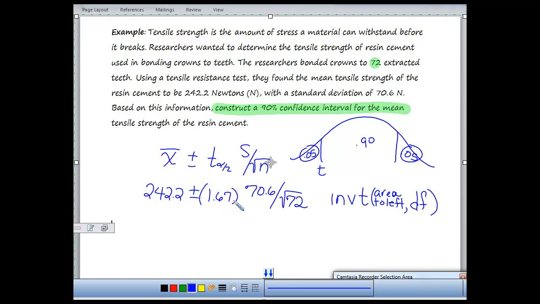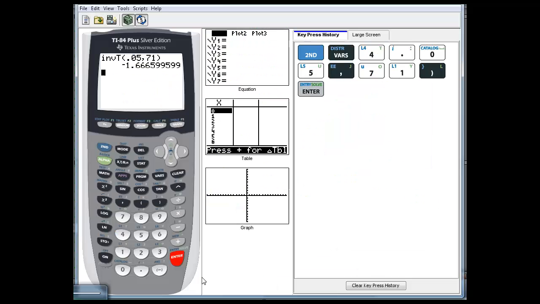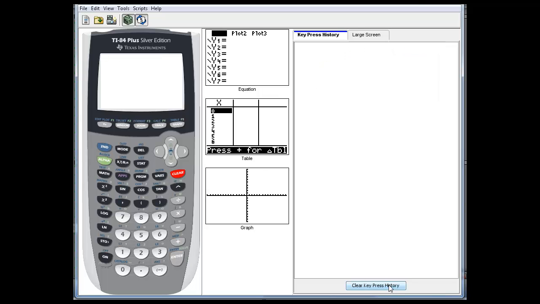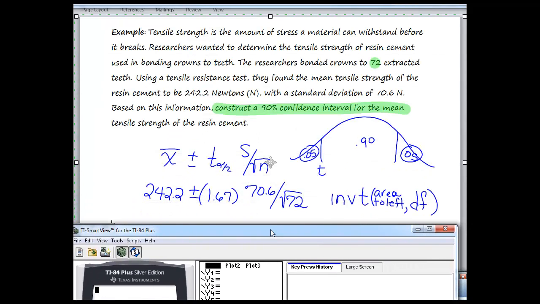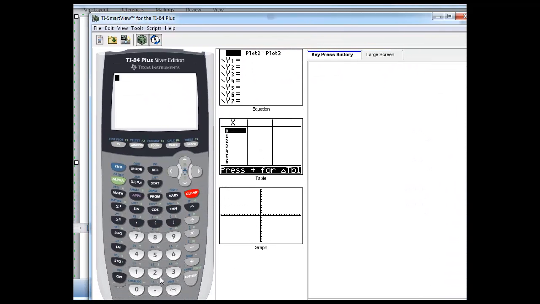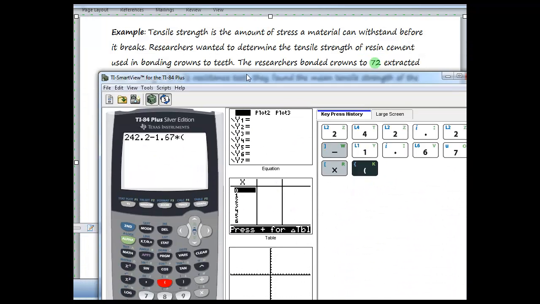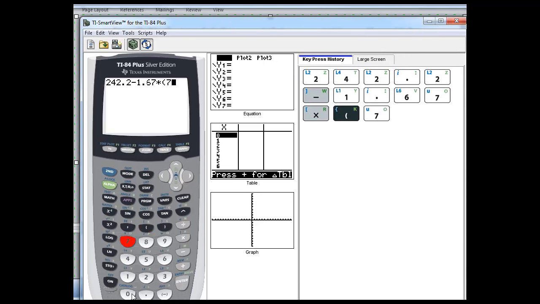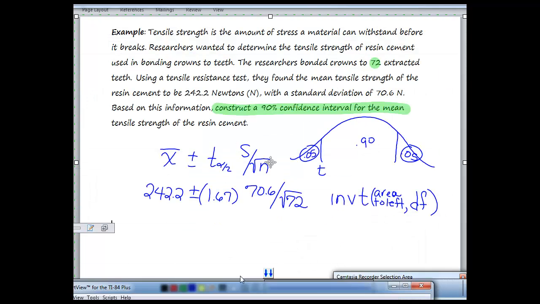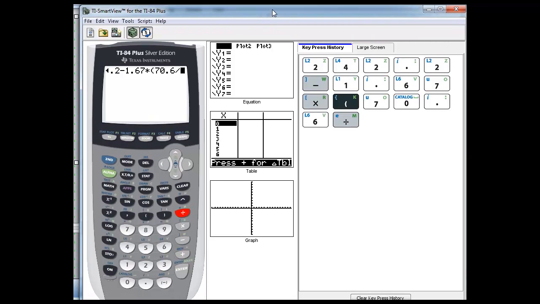So on my calculator, we're going to have 242.2 minus 1.67 times the standard deviation, which was 70.6, and I'm going to divide that by the square root of 72.